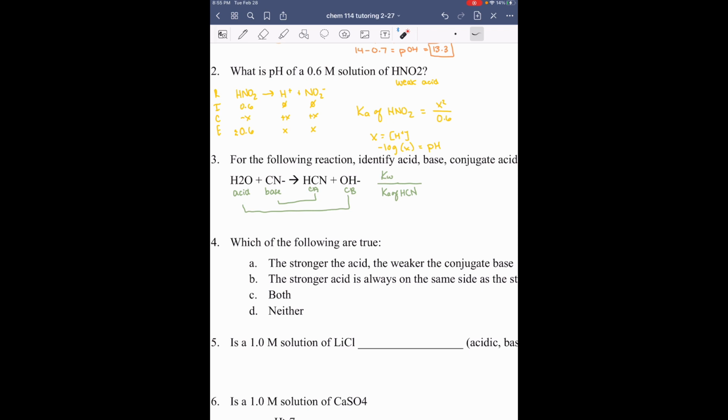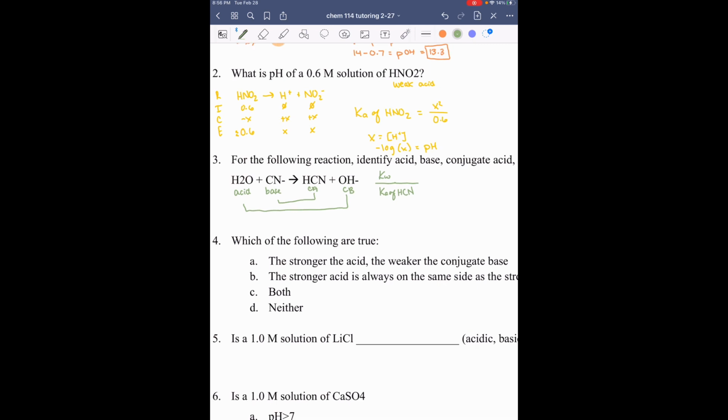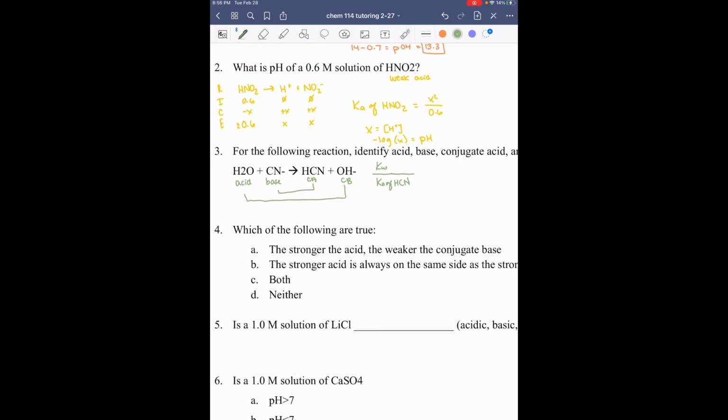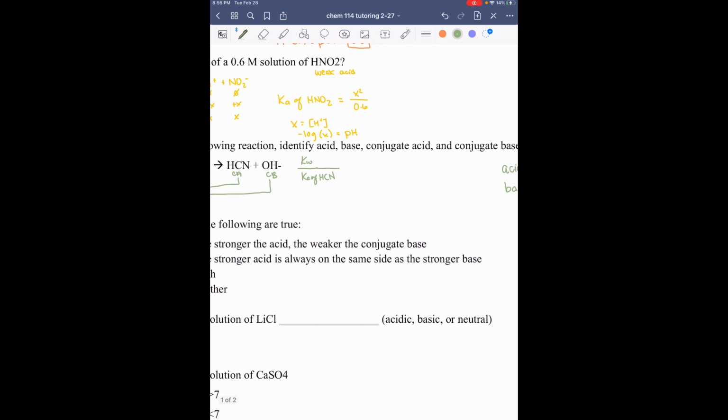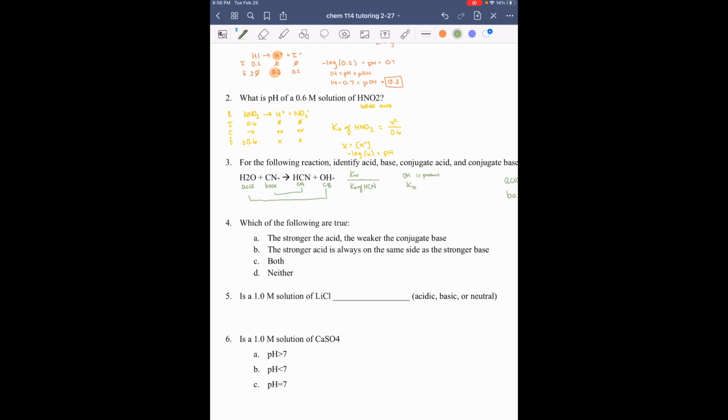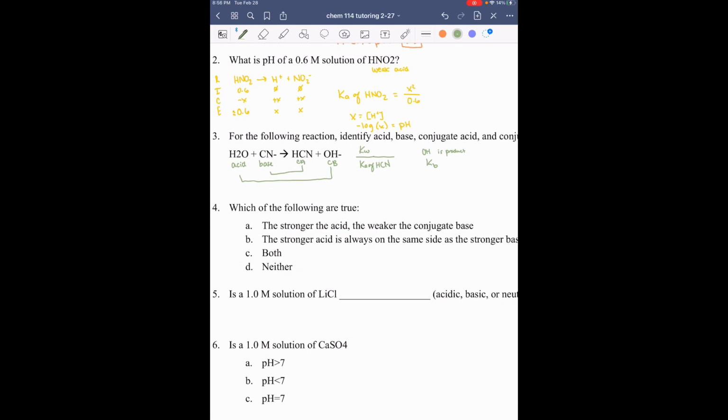So you can either recognize that, or if that doesn't work for you, you can see that here we have OH. So we can see OH is a product. So that means it's a Kb, because remember, if I have a Ka, hydrogen's a product. So for Kb, OH is a product. And then Kb of what though?